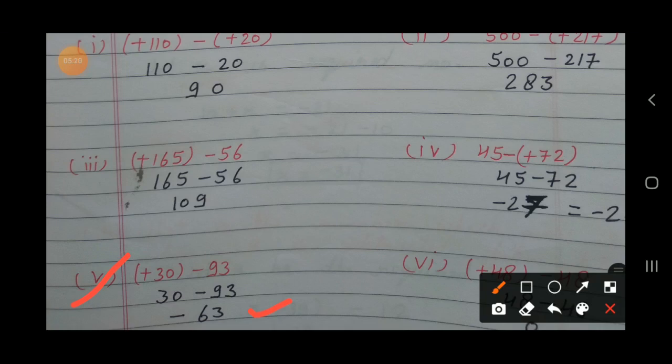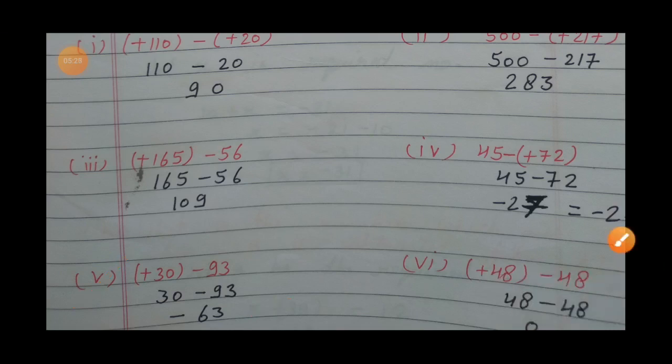This is greater than 30, that's why we will take this with answer. This negative sign we will take with answer. 6, plus 48 minus 48, same number, but here this have opposite sign. In this case answer will be 0.